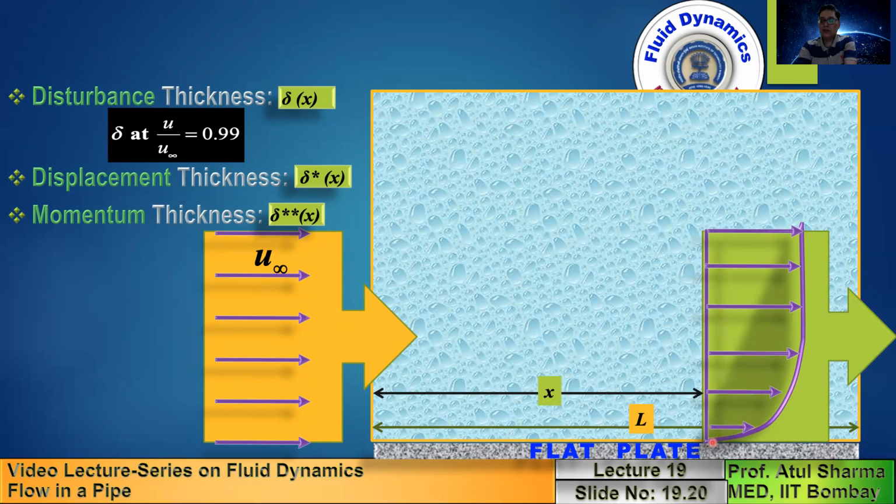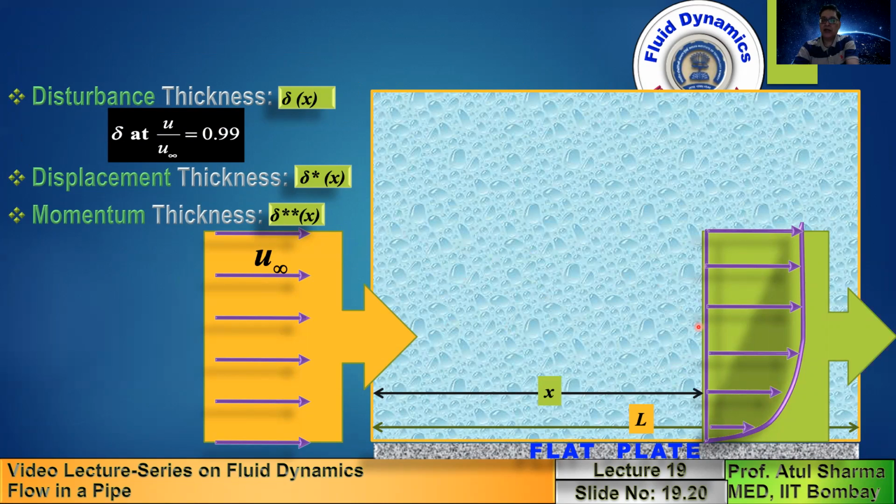Now you can see this is a typical laminar boundary layer velocity profile where finally it is approaching U infinity. Note that I have drawn this velocity profile for the same height of the fluid layer at the inlet as well as at an axial location X.